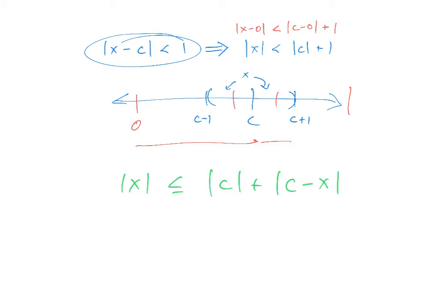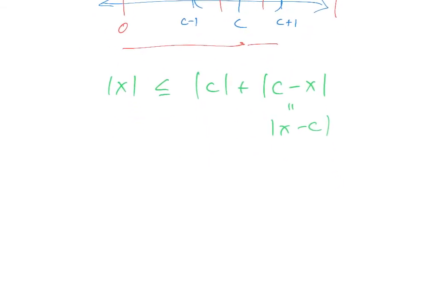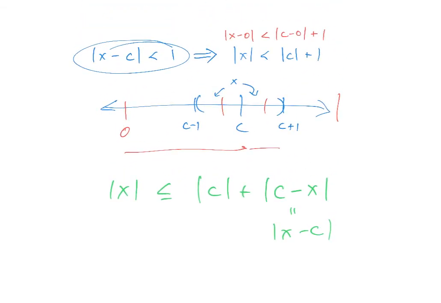But that is the same as going from x to c, because distances do that. Doesn't matter which direction you're going. Yes, absolute values are always distances, but I can't spend any more time on that today. Thanks. Good.